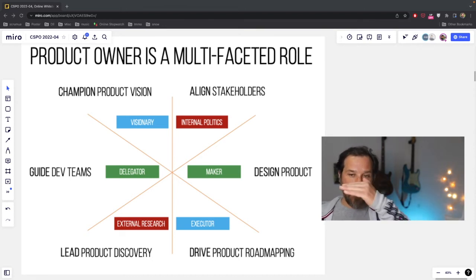Finally, let's look at the other two horizontal sectors. The one on the left, I call guiding development teams. That's where you're practicing your delegation skills. You cannot do everything on your own, especially if you are a product owner of a large-scale product, not just two developers and a dog, but say 8 or 10 teams working under you.